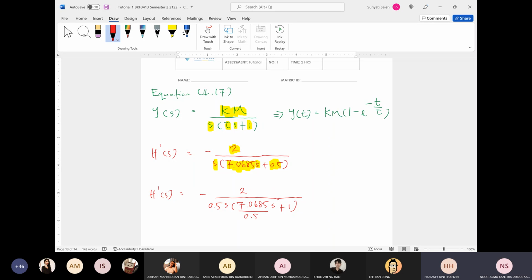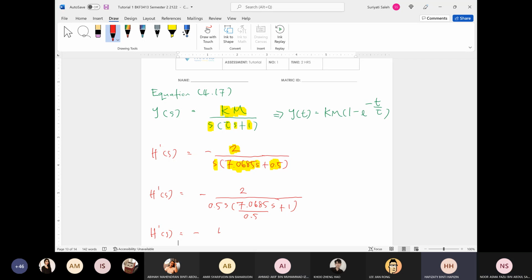So in this case, H prime S equals, what is the value of negative 2 divided by 0.5? Negative 4.